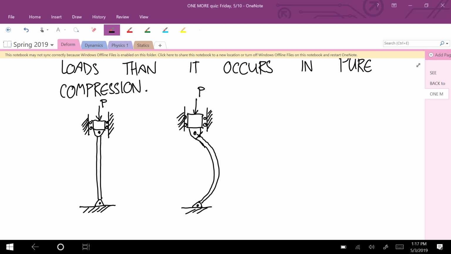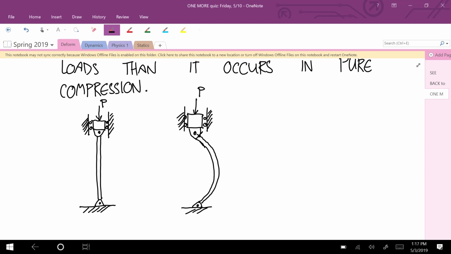And so eventually this force makes it bow out to one side or the other, and it's not strong enough to get back to vertical, and it folds in half rather than just going straight down.